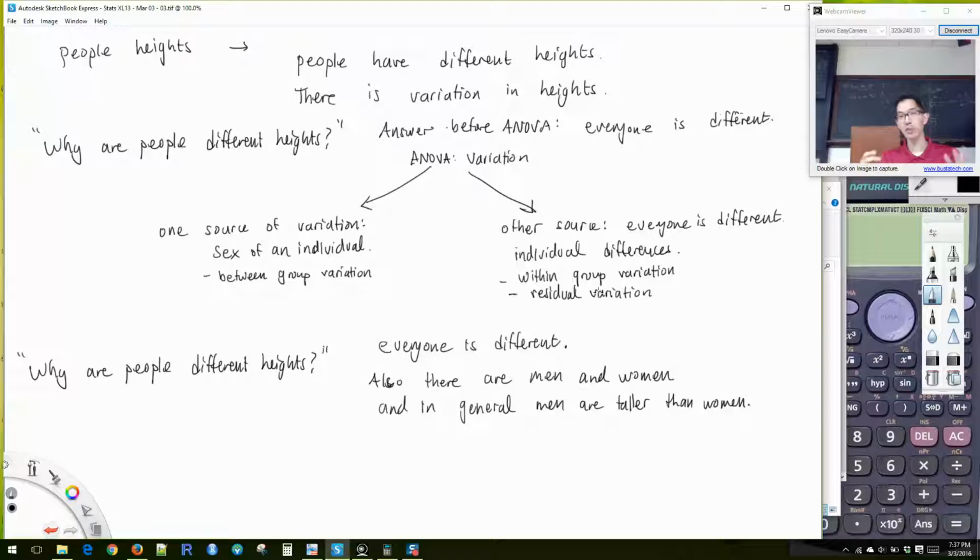Okay, so this is kind of the big picture concept of ANOVA.